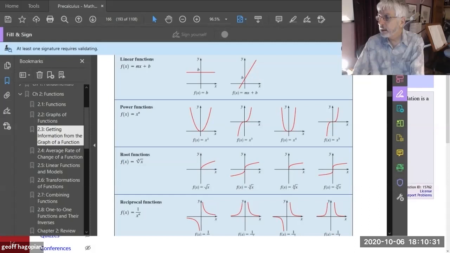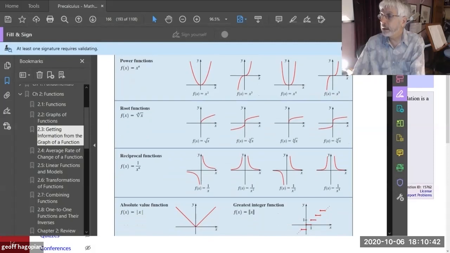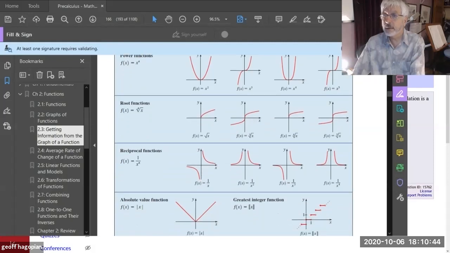So the domain of an odd root function is all real numbers. The domain of an even root function is just non-negative numbers. Reciprocal functions: 1 over x, 1 over x squared, 1 over x cubed, 1 over x to the fourth, right? So you see that kind of alternating even-odd behavior again.